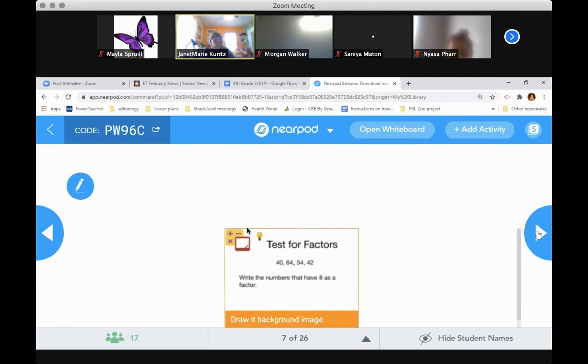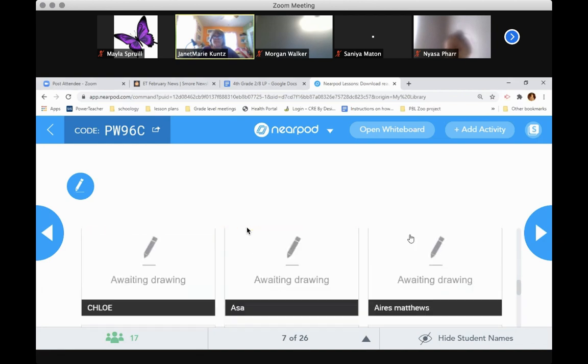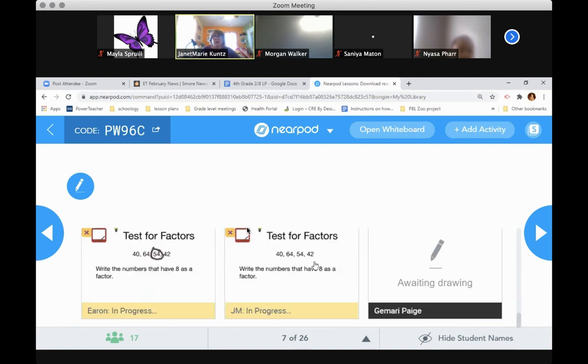Circle. Which numbers have 8 as a factor? Just circle which numbers have 8 as a factor. Keep going, Aaron. You're good.